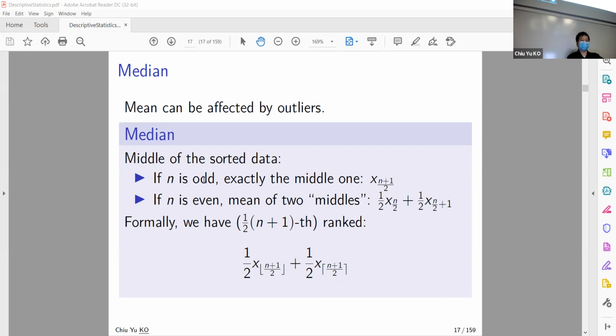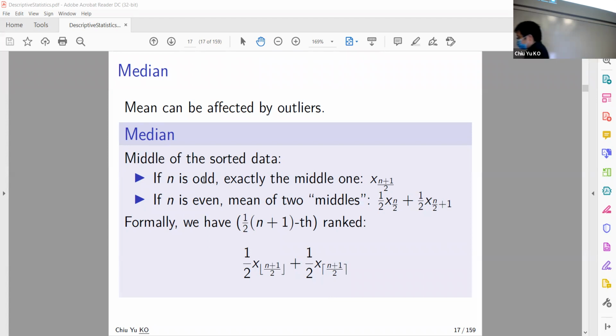Suppose you have 3 observations, the second is exactly the middle. With 5 observations, the third one is the middle, because there are 2 on the left and 2 on the right. With 7, the 4th one is the center, because there are 3 on the left and 3 on the right. So for odd there's no problem: it's exactly the middle, because the (n plus 1)/2-th one is exactly the middle one.